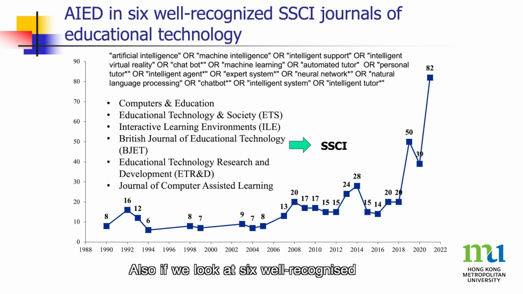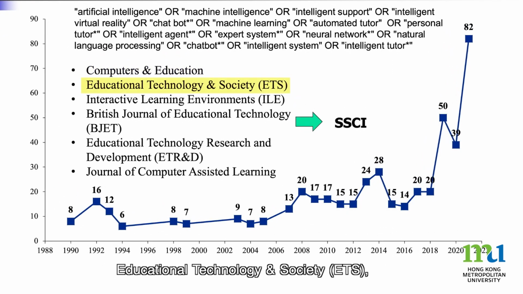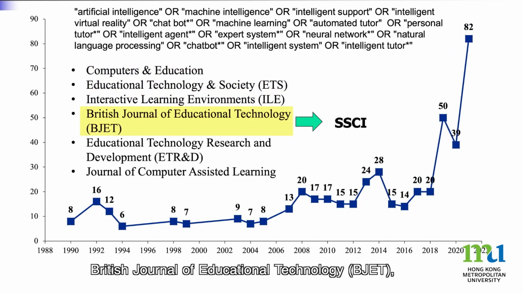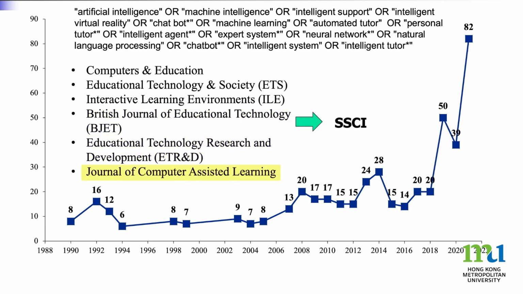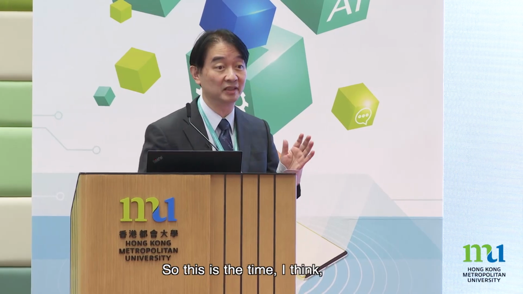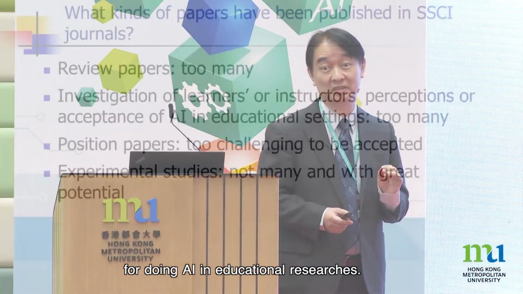Also, if we look at 6 well-recognized SSCI journals of educational technology, we can also find the same situation. These 6 journals include Computers and Education, ETS, IOE, BJET, ETIND, and the Journal of Computer Assisted Learning. So this is the time, I think, for doing AI in education research.